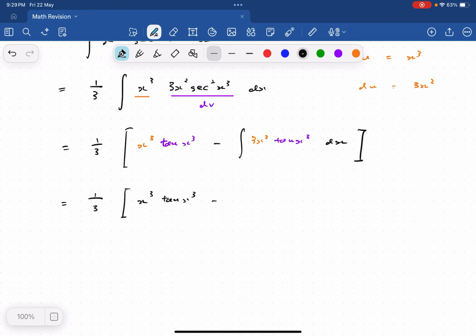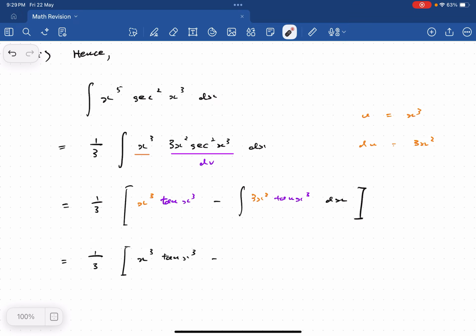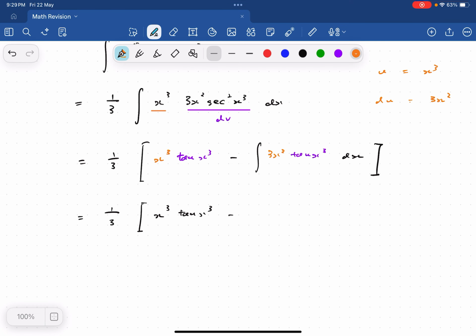So now if this is my u and this is my dv, then I integrate tangent x cubed. But if I integrate tangent x cubed, that is just going to be something secant squared. Oh, yeah, we don't need to do another integration by parts.